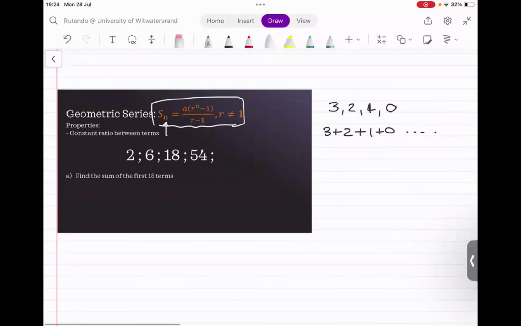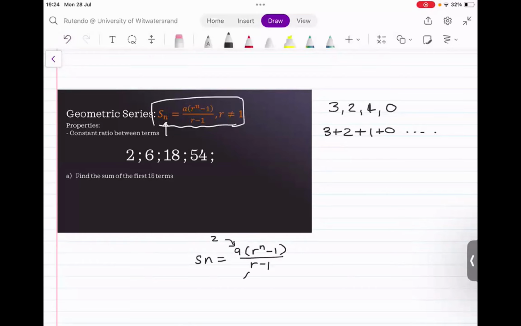So you can have Sn equals A times (R^n minus 1) over (R minus 1), where A is still my first term and R is still the ratio between my terms. In most cases, they'll ask you, what is the sum of the first 15 terms or something like that? And so you can use your formula. You know that your A is 2.